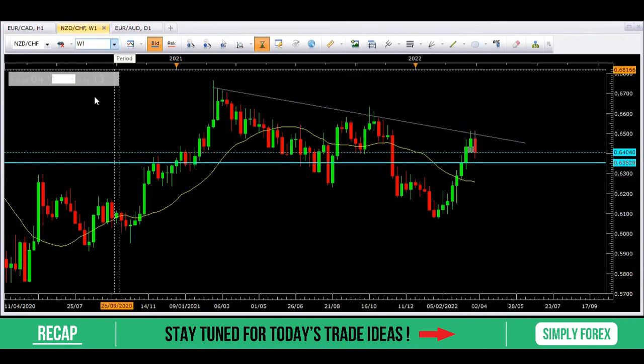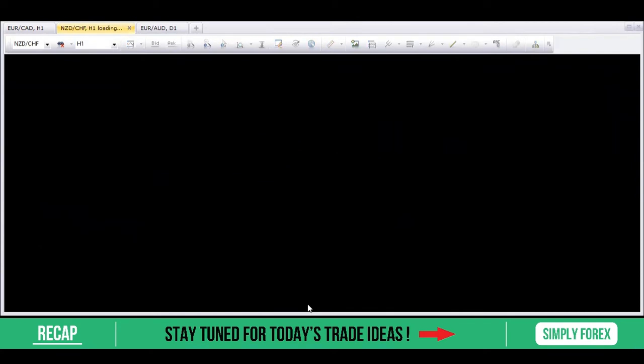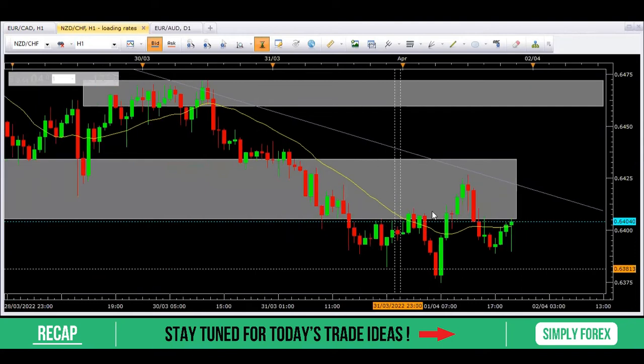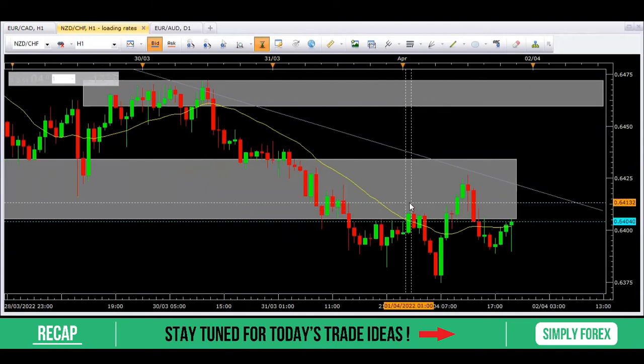Let's look at H1, see what actually happened. We had a couple of opportunities with this trade, guys. This tells me sellers are in control, and this one tells me sellers are in control. So you could have entered on either of these candles and put your stop above here.